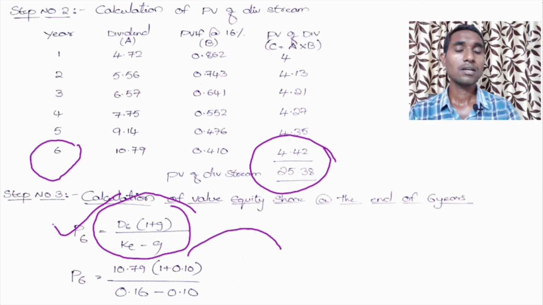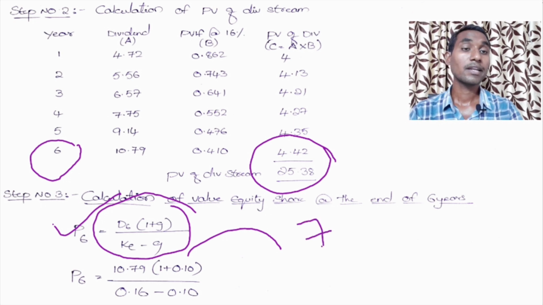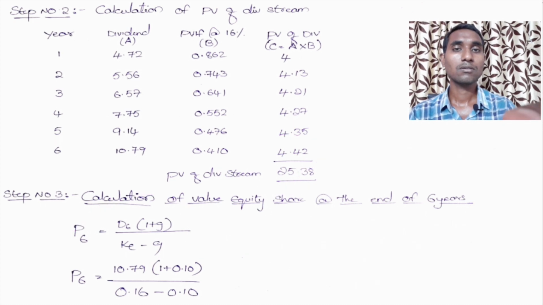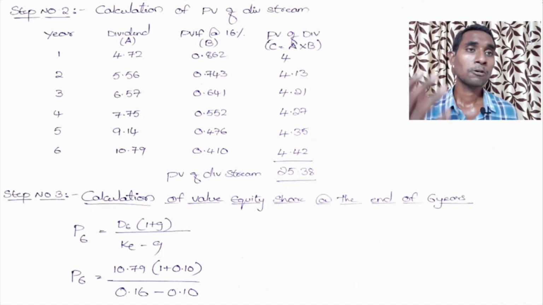At the end of the 6th year, the 7th year starts, and in the 7th year the next growth rate comes into the picture. The next growth rate is 0.10.